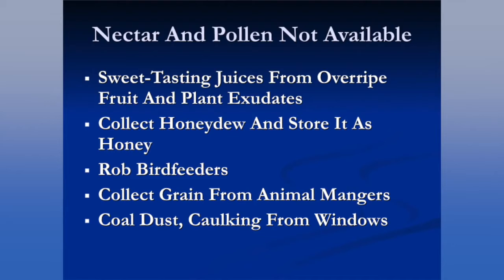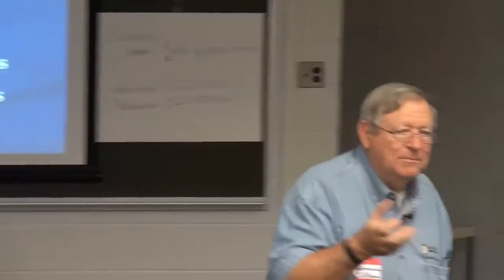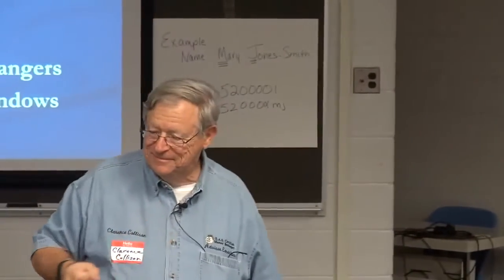I didn't throw a picture in this particular presentation, but they love to rob my bird feeder. Bird seed is of no value to them, but they will work my bird feeder all day long.